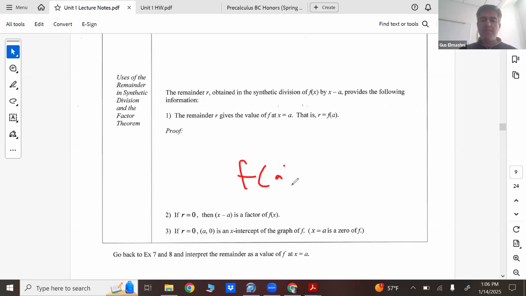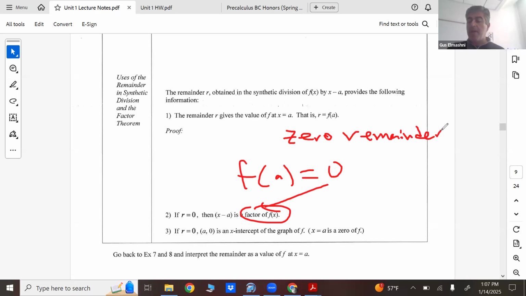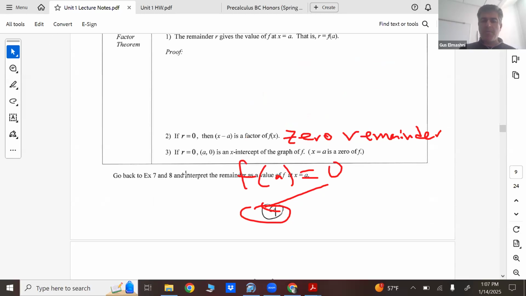If f of a equals 0, then it's going to be a factor, because you have a 0 remainder, right? If you have a 0 remainder, then it's dividing out cleanly. Then whatever a is, x minus that number is a factor of the function, or (a, 0) is an x-intercept. Let's do some practice so you guys can see how this works, and then we could do the homework quiz.